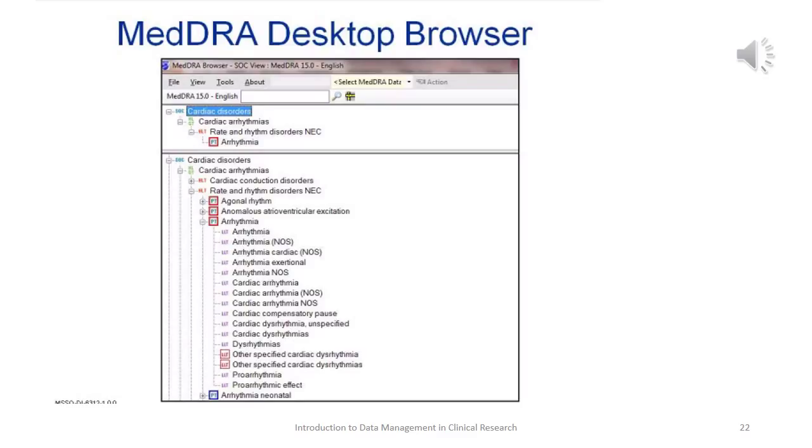As you can see in our diagram, there are a number of common terms, lowest level terms, that could be associated with the preferred term of arrhythmia. Dysrhythmia is one, arrhythmia, cardiac arrhythmia. There could be a multitude of those, but eventually we want to get to the preferred term, which in this case is arrhythmia.